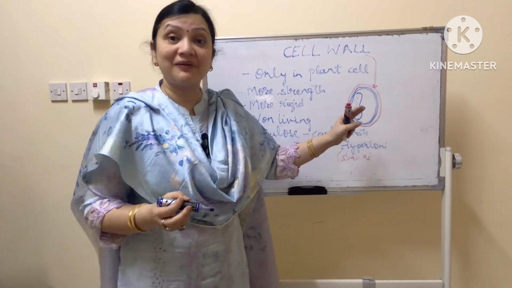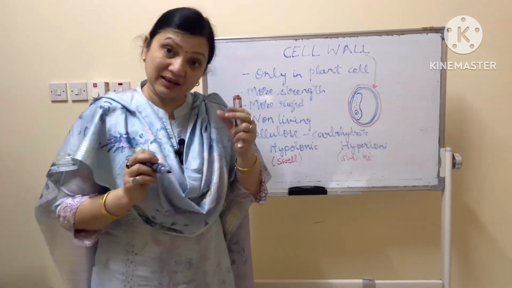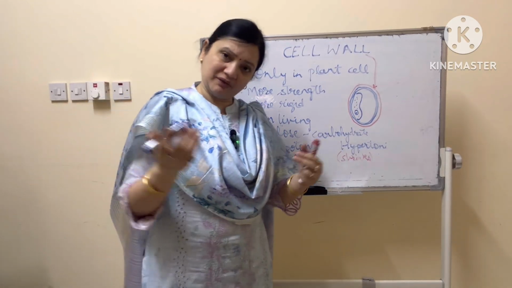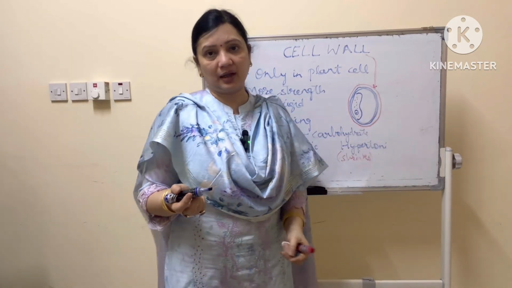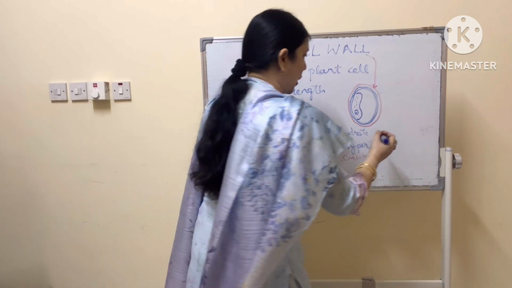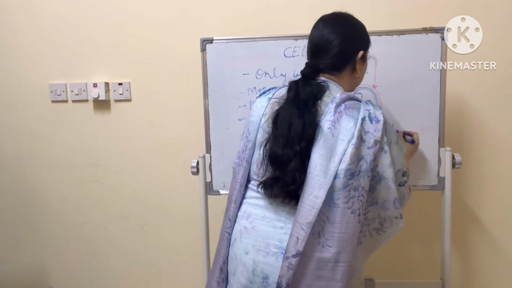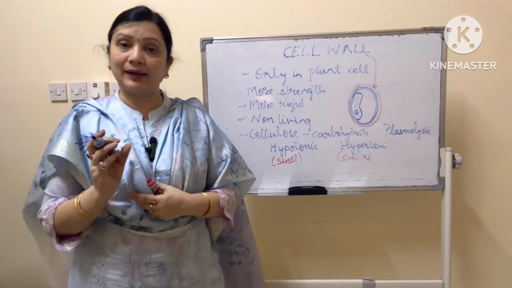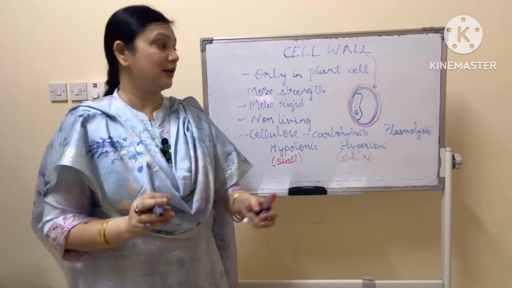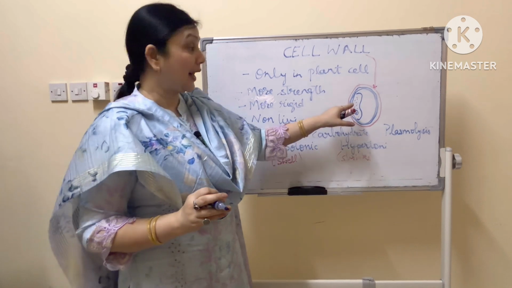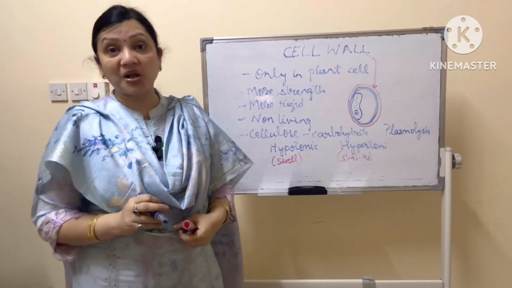This is to save the cell. Whatever is essential, only those things will continue, and when water is available, the cell contents will take their original places. This is called plasmolysis. This phenomenon, that shrinking of cell contents close to the cell membrane, is known as plasmolysis, and it protects the cell from harsh conditions.